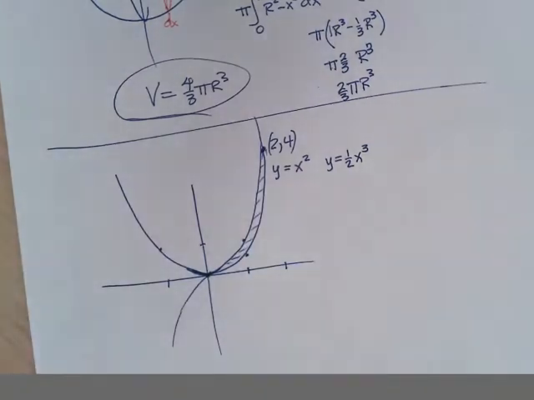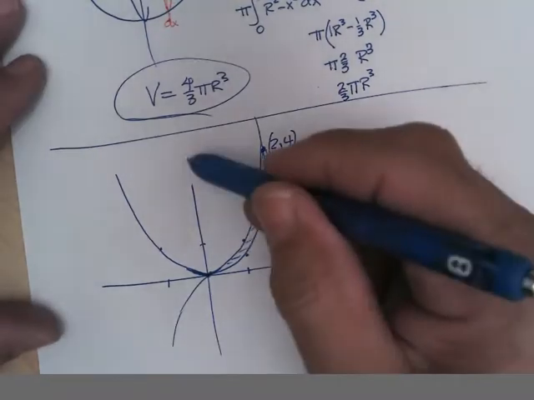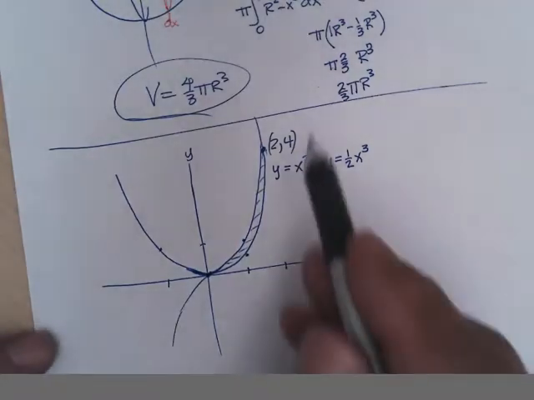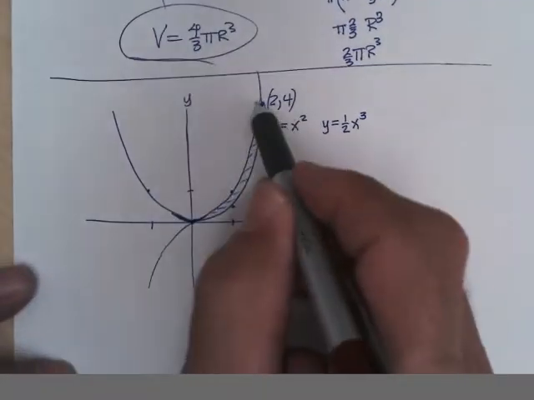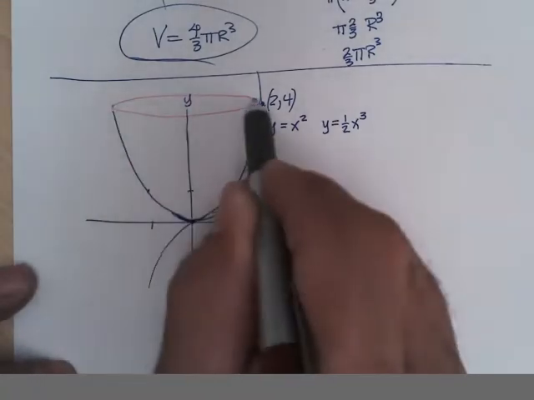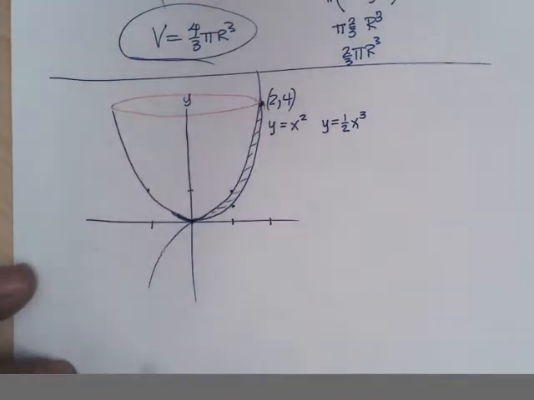And I'm going to try to imagine what that looks like if I spin it around the y-axis. If I spin it around the y-axis, this point would go over to there and then back around behind and come out.